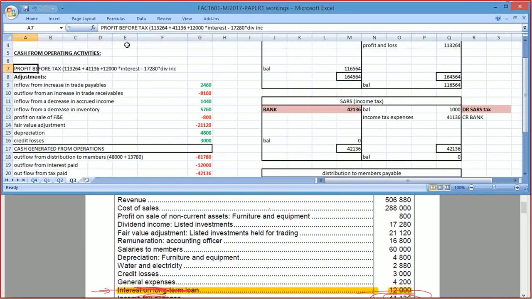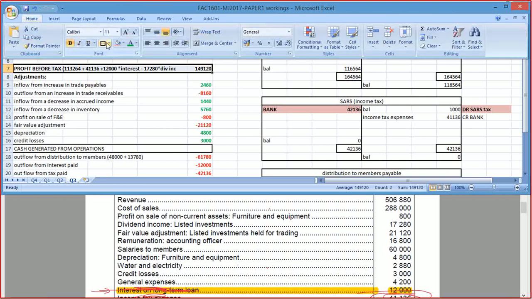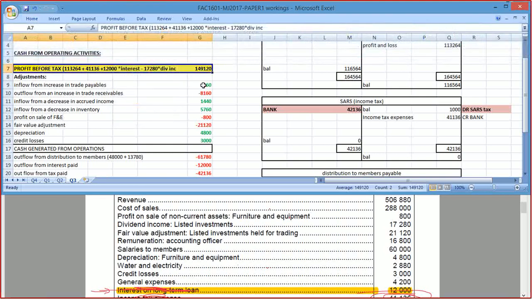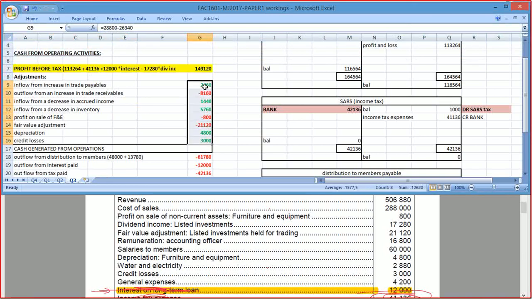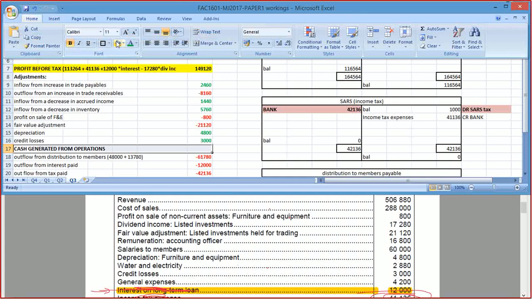So for my profit before tax line item, I need to work out a total here. Get rid of that and just work it out. There's my answer, my profit before tax. Then I take this figure and I add and subtract all these amounts, and then I get the cash generated from operations.